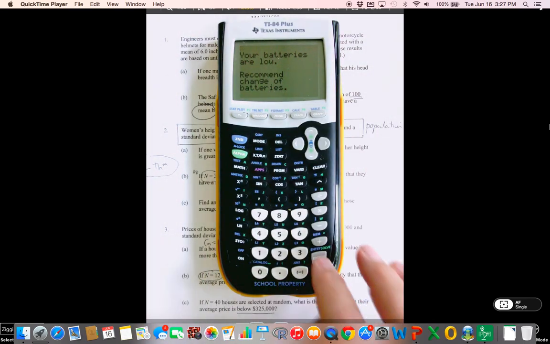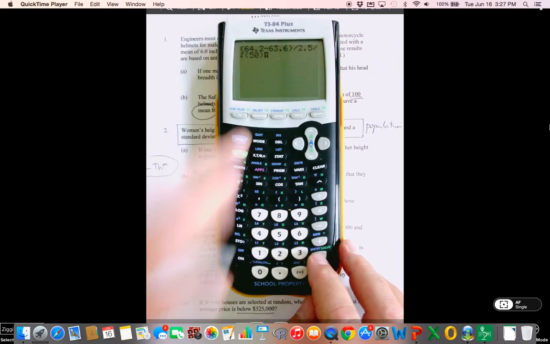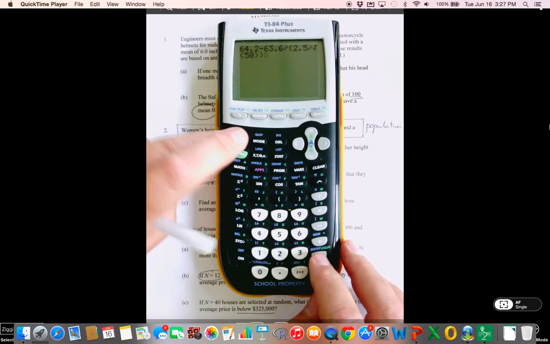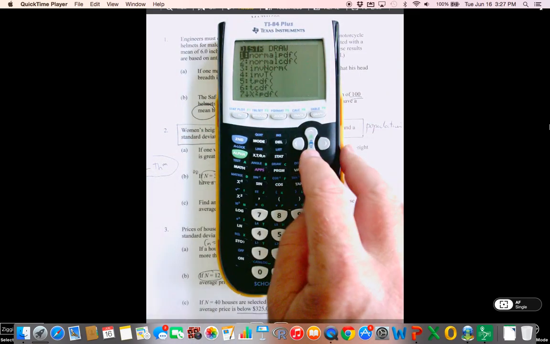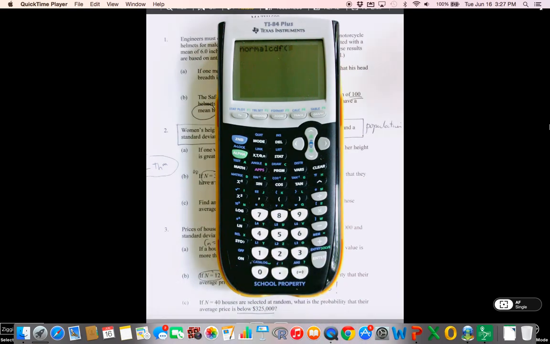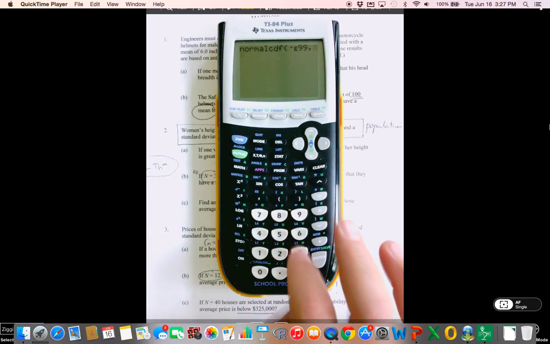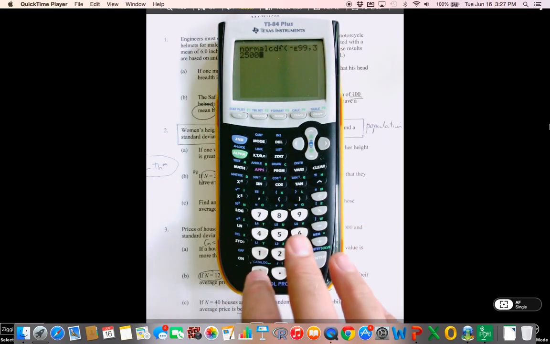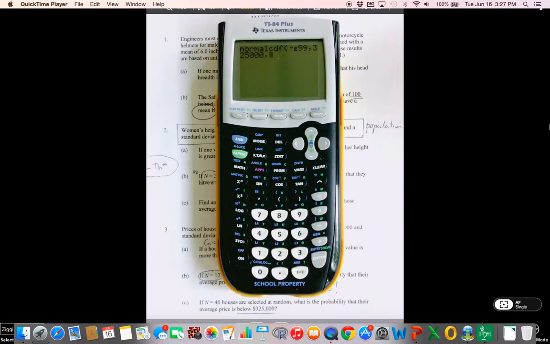So second function. Well, all right, let's just go into normal CDF. So below 325 means I go from negative E99 to 325,000. Guys, don't use parentheses there because that would stop the number. So use 325. Make sure you get enough zeros there.